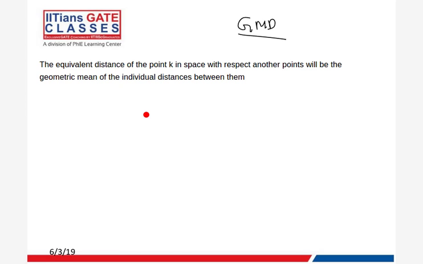Suppose there is one point in space, which is K. So in our case, it would be the center. Then there is the center of conductor 1, center of conductor 2, center of conductor 3, center of conductor 4, center of conductor 5, and center of conductor 6, right? So what will be the distances? It will be 1, 2, 3, 4, 5, 6. So this will be D1K, the distance between the center and this conductor. This will be D2K.